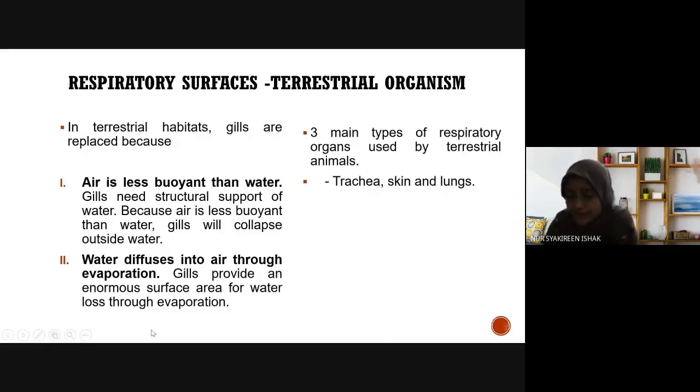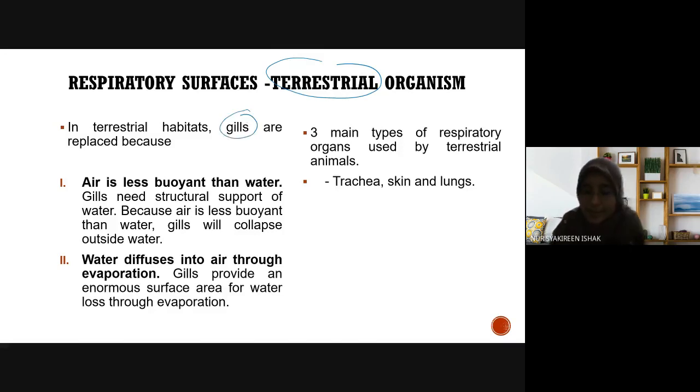Okay, so respiratory surfaces for terrestrial organism. Okay, terrestrials mean animals that lives on land. Okay, does not involve aquatic organism. So in terrestrial habitats, okay, gills are replaced. Okay, so for terrestrial animals, they cannot depend on gills.